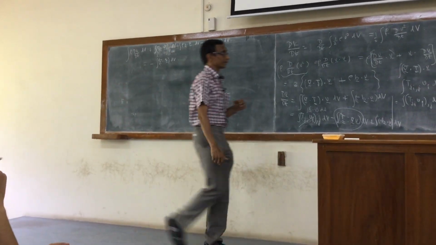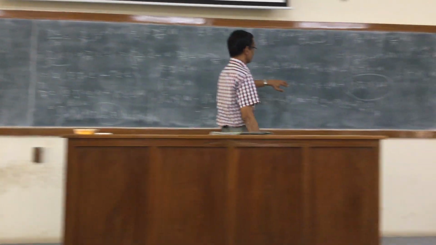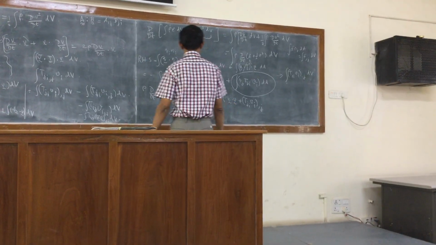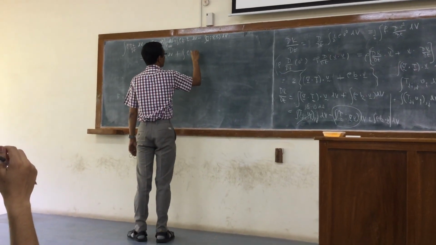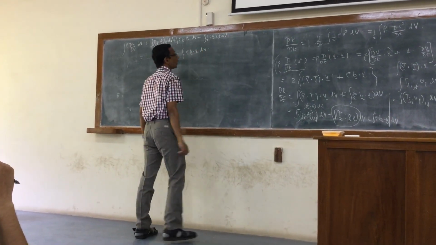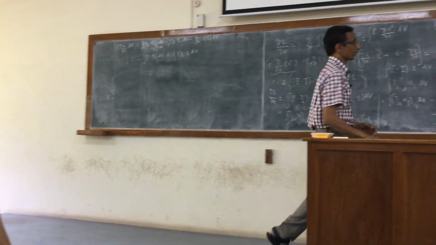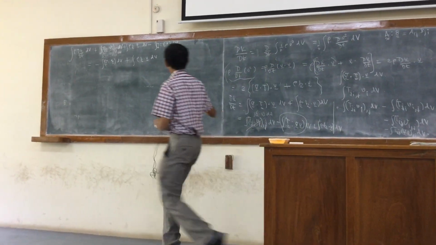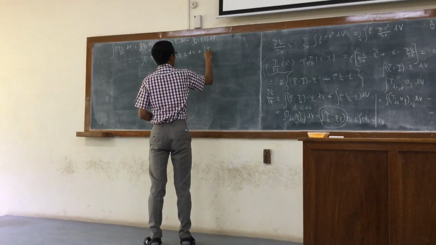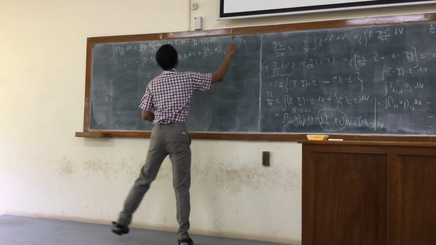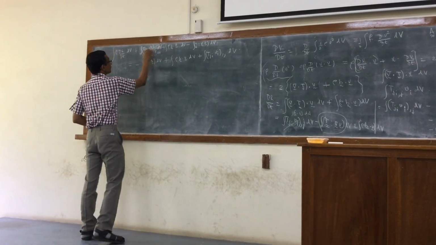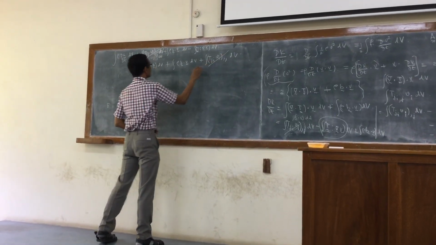On the right hand side I have this, then I have a plus rho B dotted with B. So those are going to cancel out. Plus integral rho. And then I have again plus... interestingly these terms cancel each other.